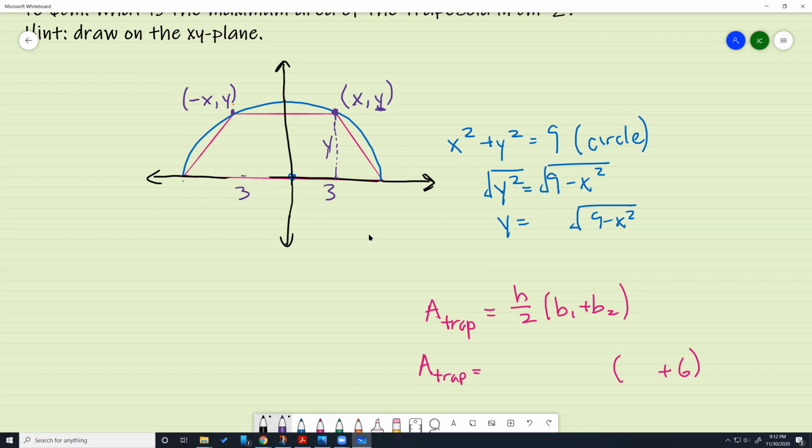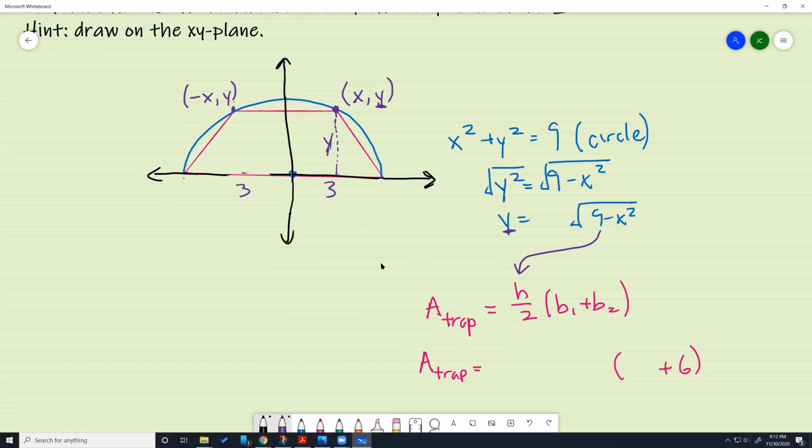So you might as well call this the height, the y. And the y expression we already found, y equals square root 9 minus x squared. So you can go ahead and substitute that expression for h, the height of the trapezoid. Let's go ahead and do that. I'm going to factor out the 1/2 like this, and then write in that expression like that.